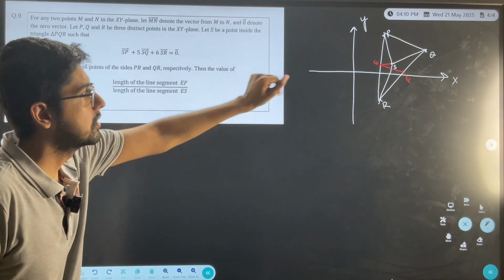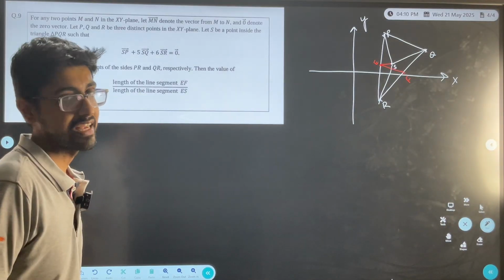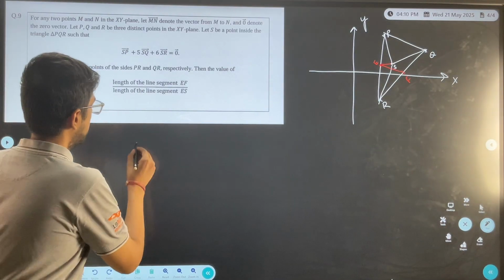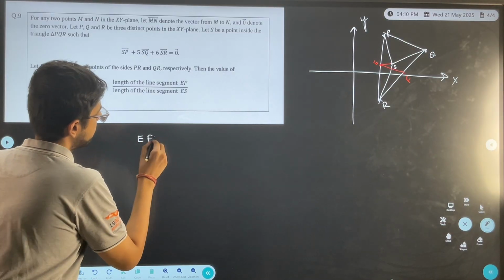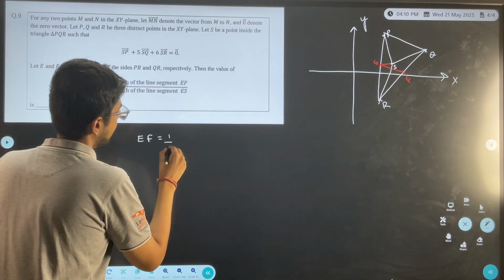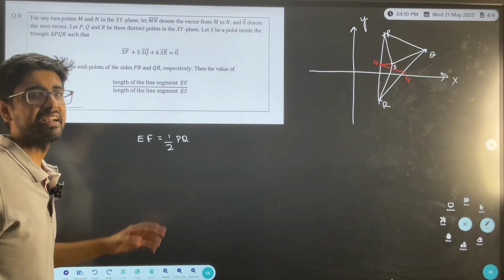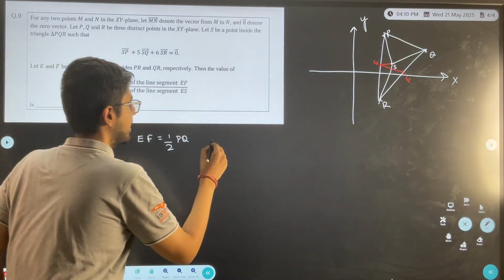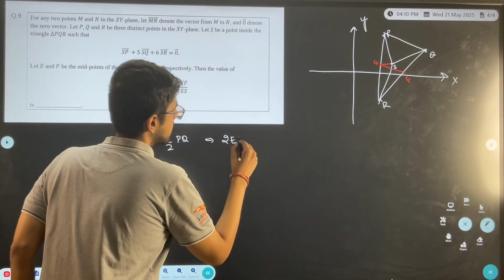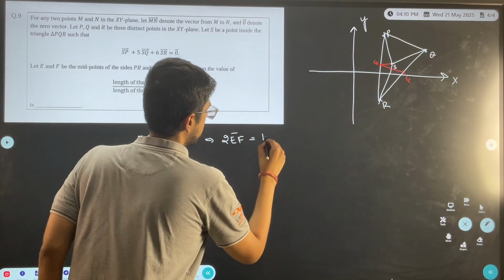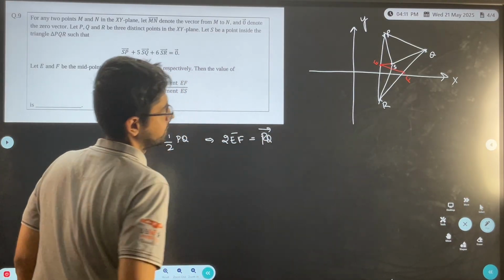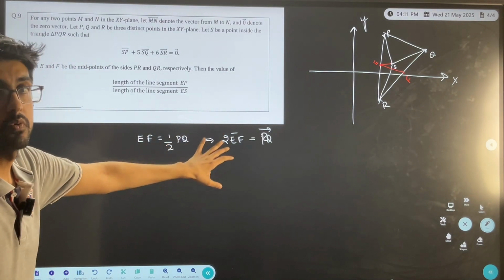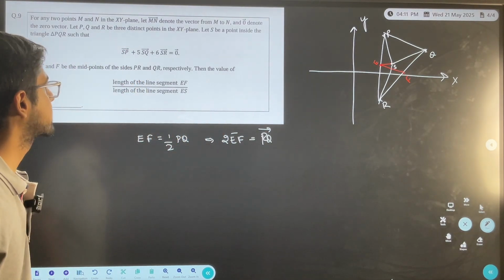From the basic proportionality theorem in 10th grade, we know that EF is equal to half of PQ, and looking at the figure, if I have to represent this in vector form, I can write 2 times EF bar is equal to PQ bar. Now, I will start pushing these vectors into our given expression.